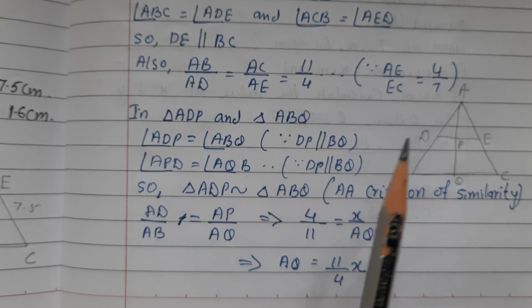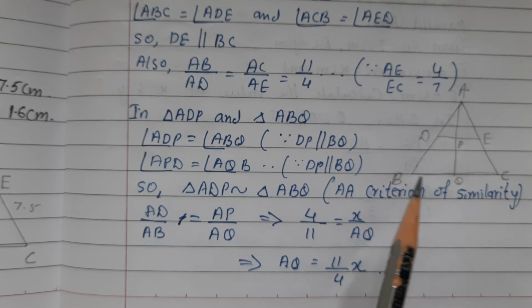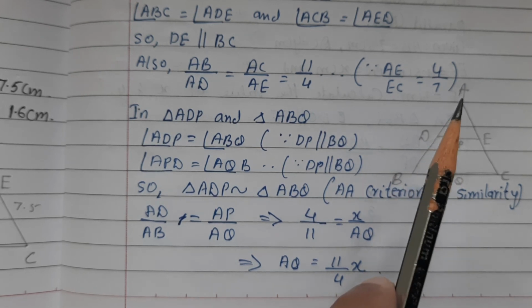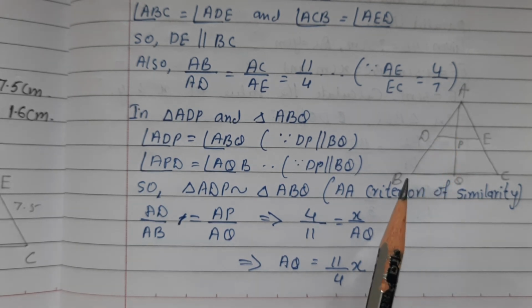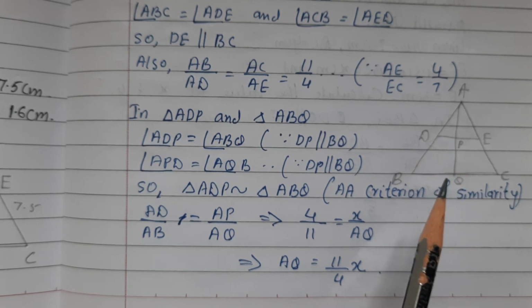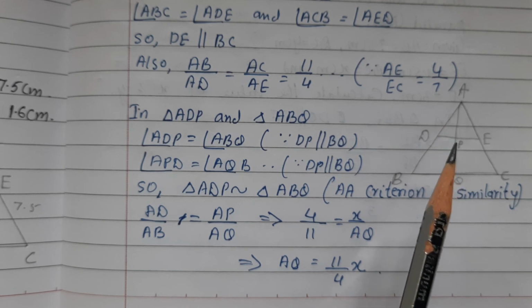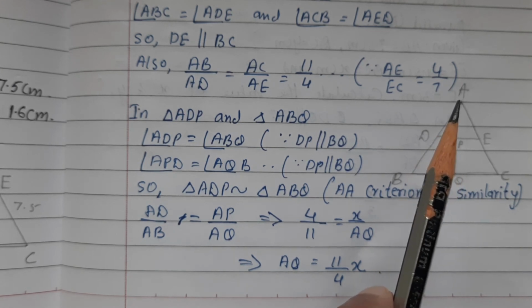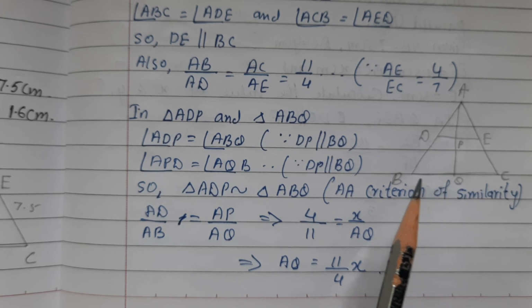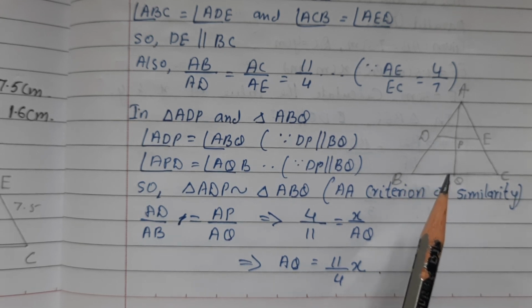In triangle ADP and triangle ABQ, angle ADP is equal to angle ABQ, since DP is parallel to BQ, corresponding angles, and angle APD is equal to angle AQB because DP is parallel to BQ, corresponding angles are equal.